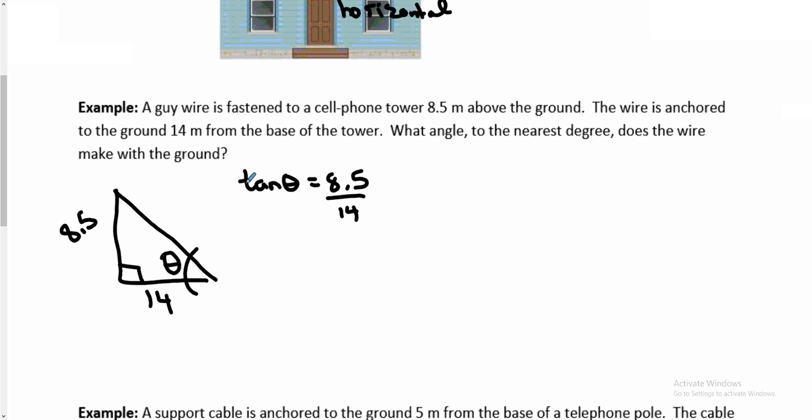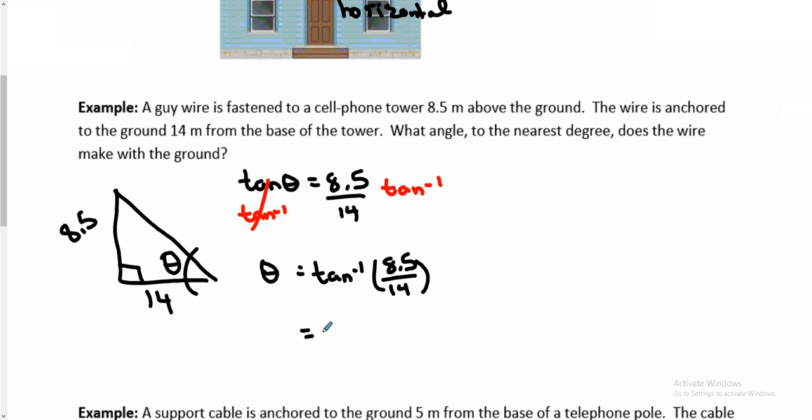We take the inverse of both sides, which leaves us with theta is equal to tan inverse of 8.5 over 14. So we go shift tan of 8.5 divided by 14, which gets us 31 degrees.